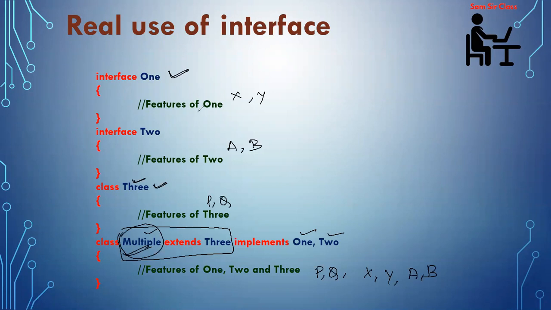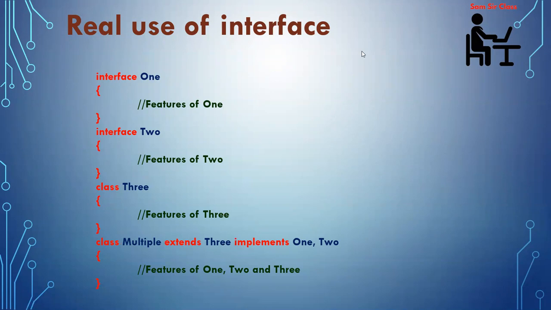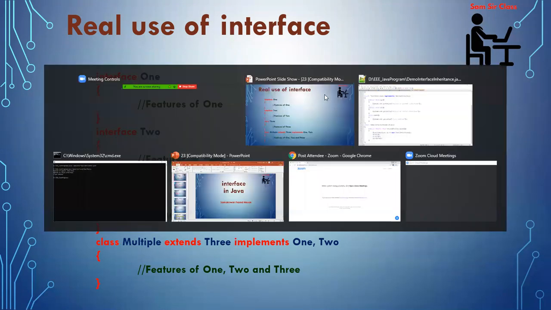If I am implementing interfaces, that means I have not inherited a class, so I have the scope to inherit one class. Along with that, I can implement all the interfaces. Clear? Okay, let's write down the example so that you can understand.